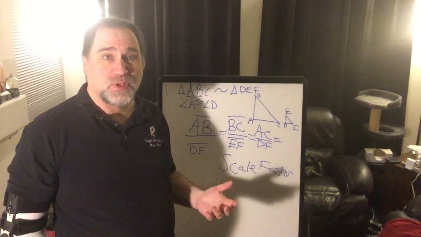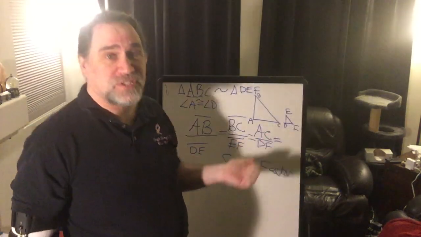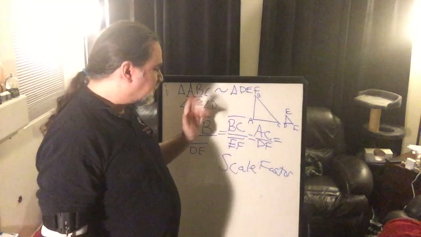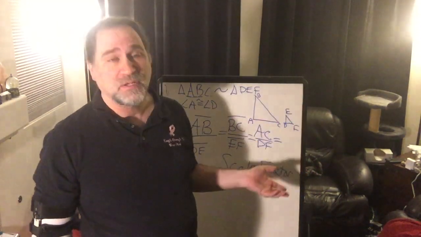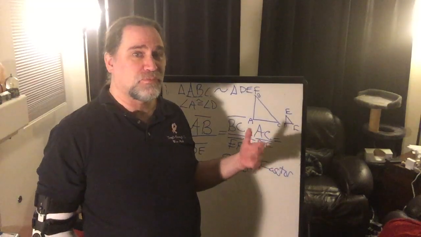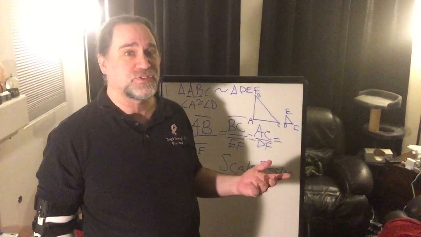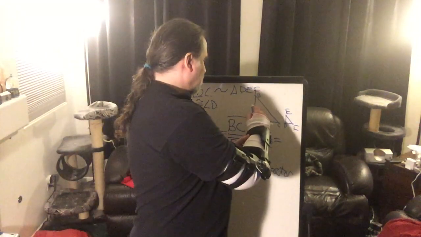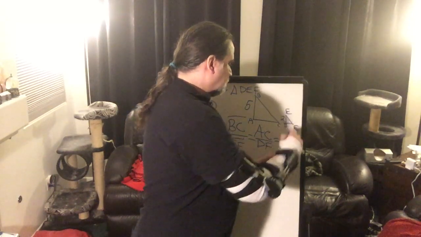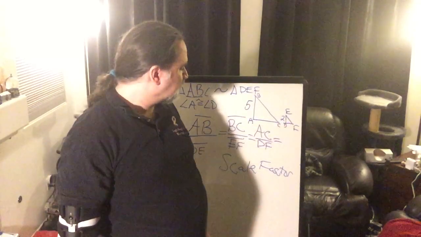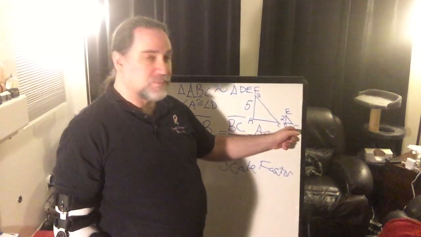Now, if someone came along and told me either what the scale factor was or just gave me two measurements, then I would know the scale factor for the drawing. I would also be able to come up with the rest of the sides if you gave me one or the other side. So if I told you this was, let's just go 5, and we'll make this one 2, so 5 to 2. If you tell me this one, I'll be able to figure that one out.